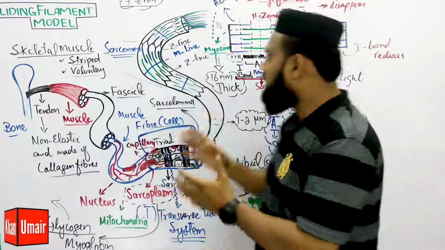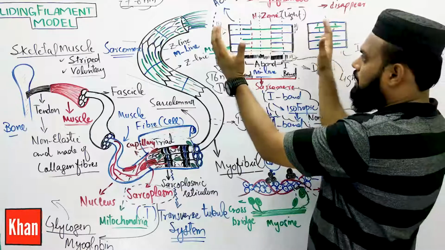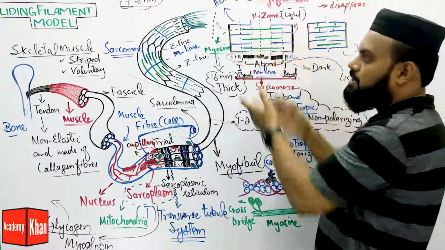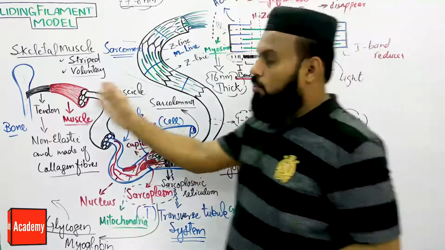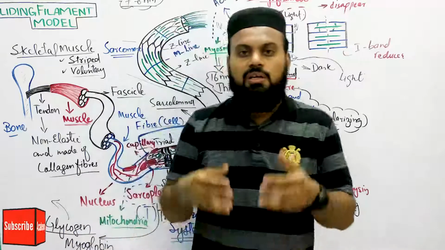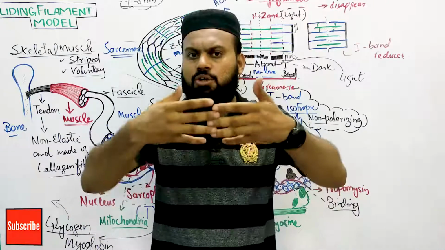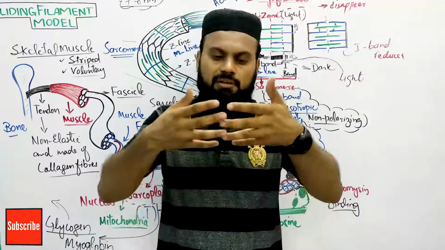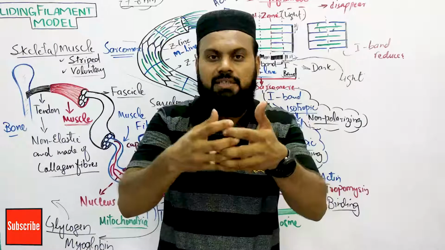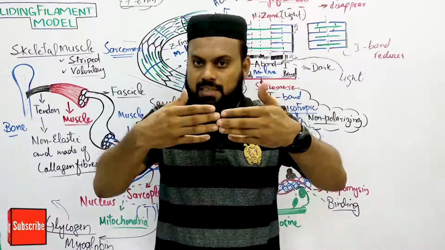This kind of sliding of the filaments on each other as a whole in a muscle is called the sliding filament model, and in this way the muscles are not shortened, they are contracted and then relaxed.